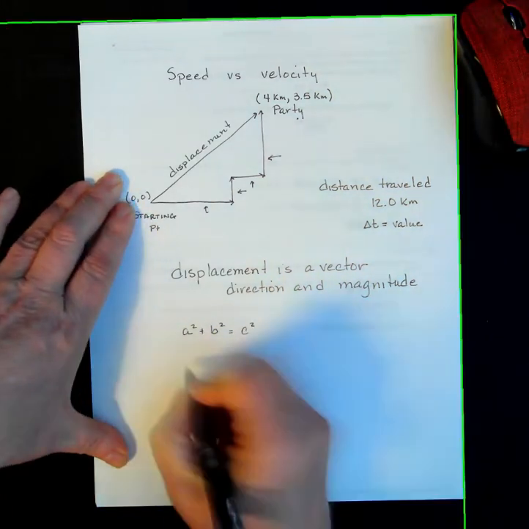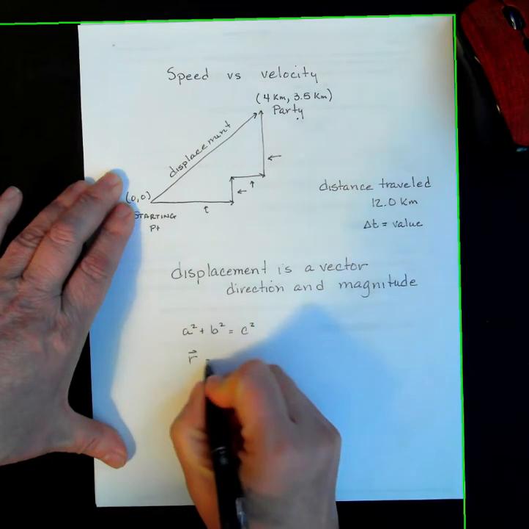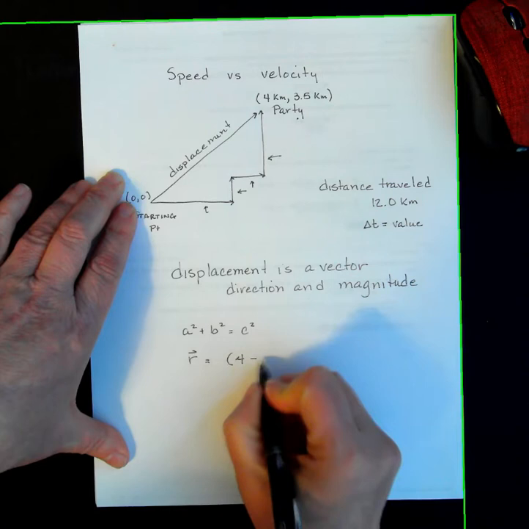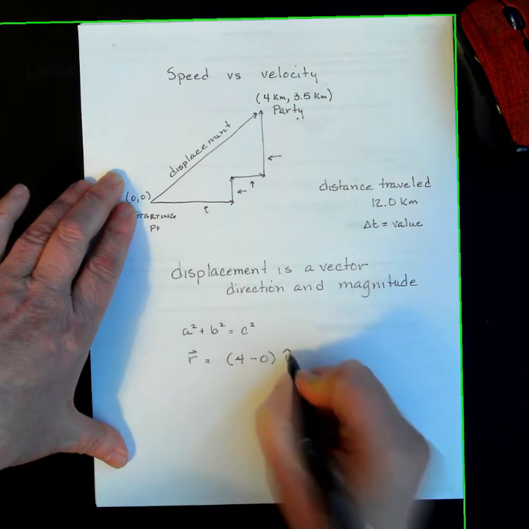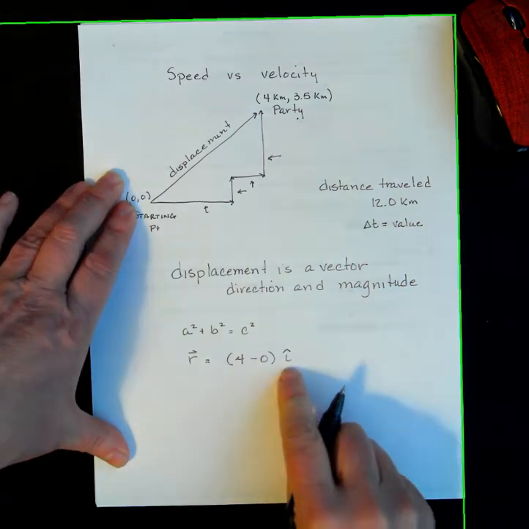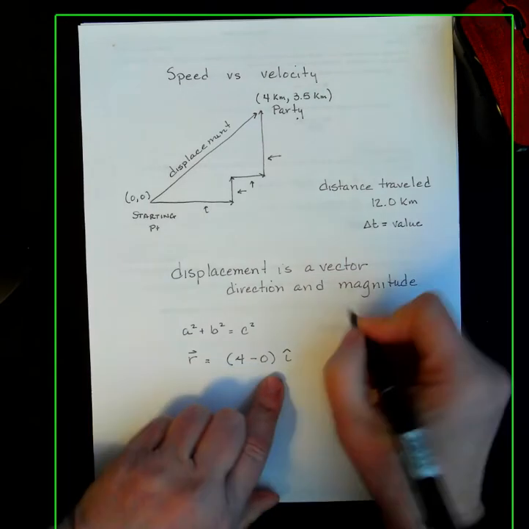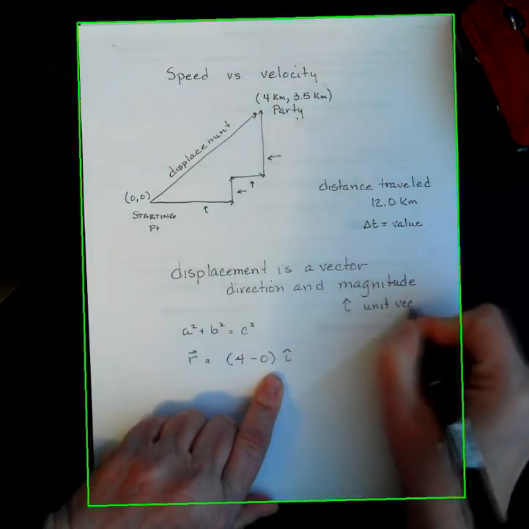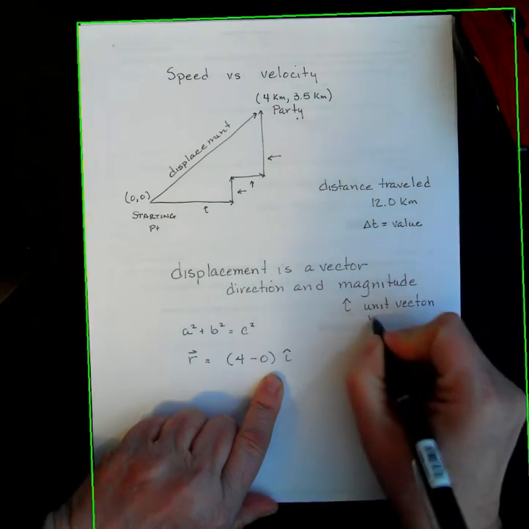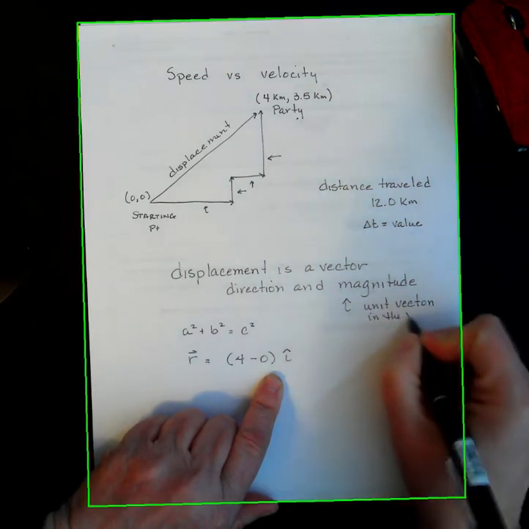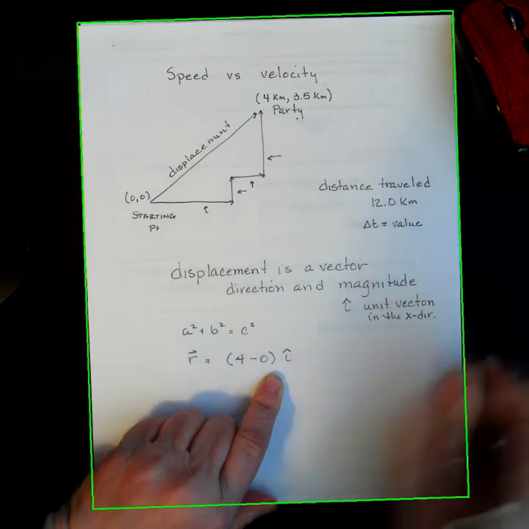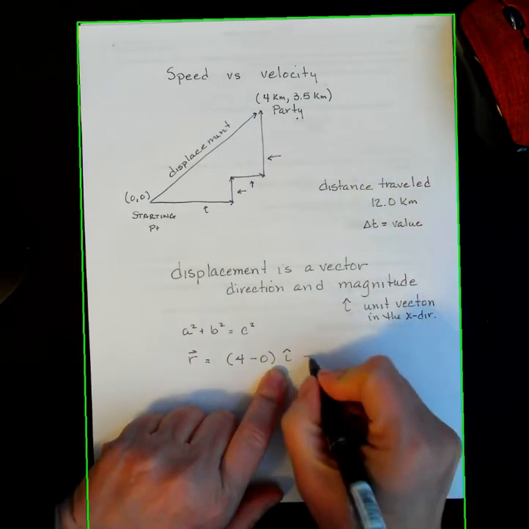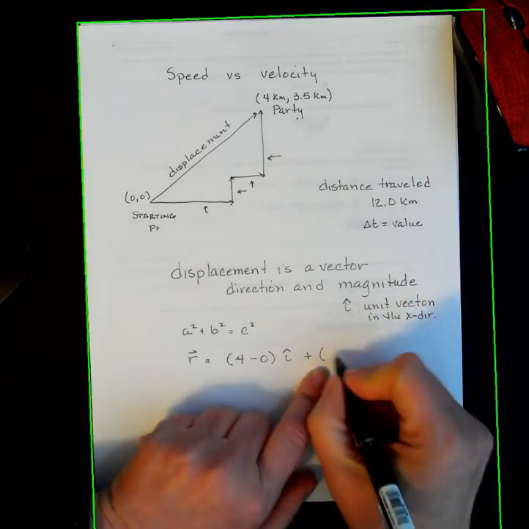And we can also do that r is going to be my final point in the x direction minus my initial point, and we're going to use i as a unit vector in the x direction. So it has a magnitude of 1, and we can write it like that. Now I can do the same thing for my y direction.